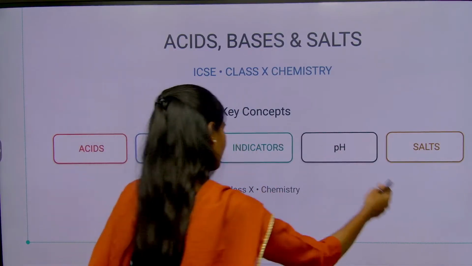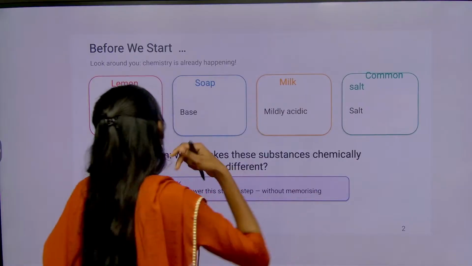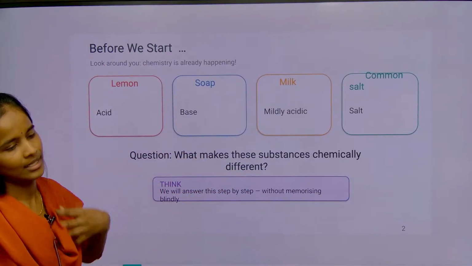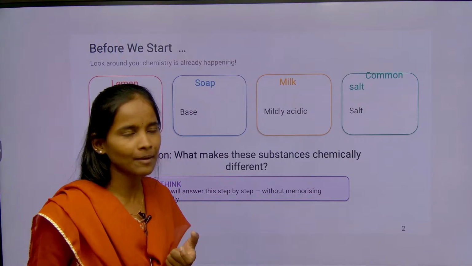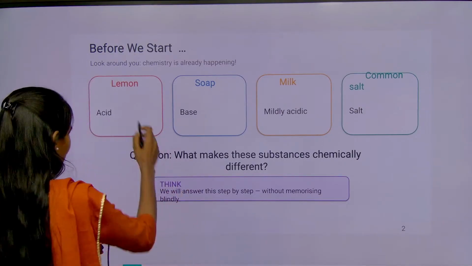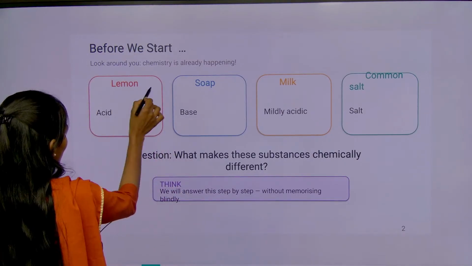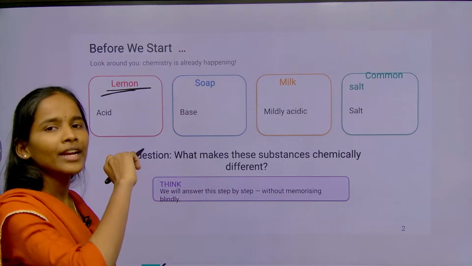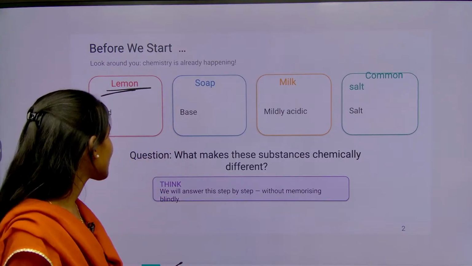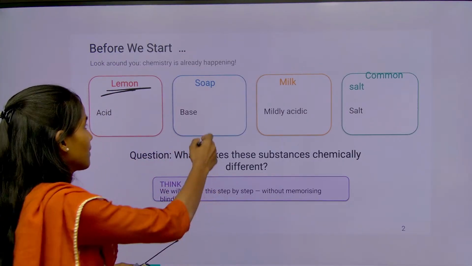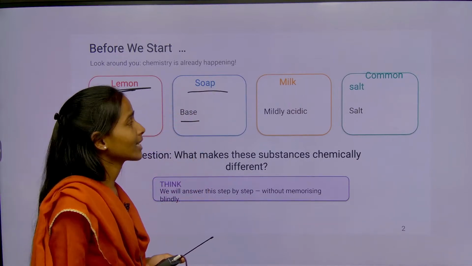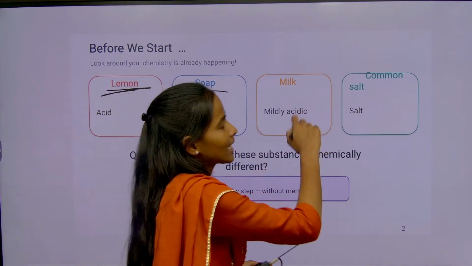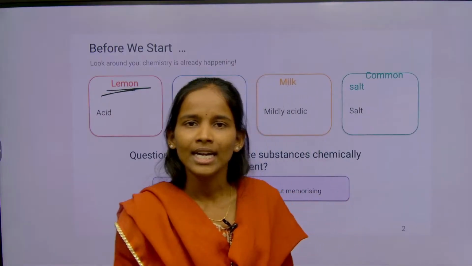If we think about our day-to-day life, different substances are there. For example, lemon, which tastes sour, is an acid; soap is a base; milk is mildly acidic; and common salt we use in the curries.